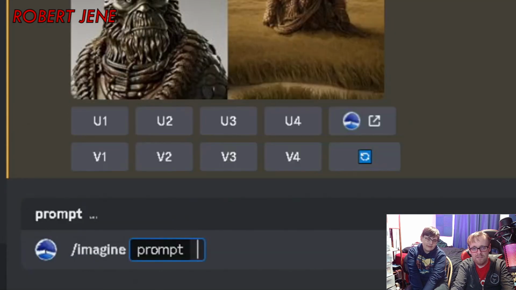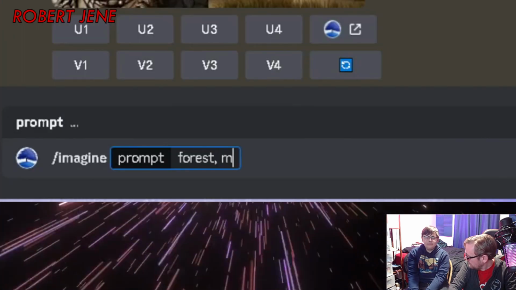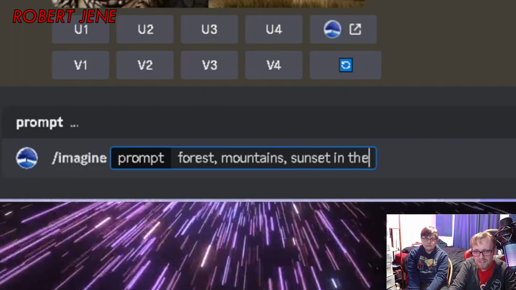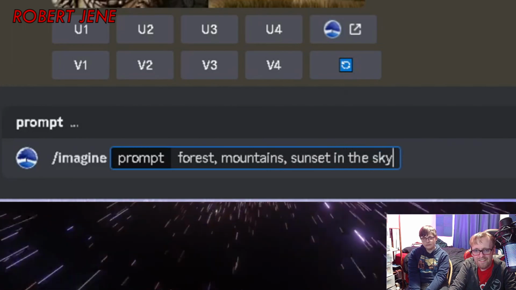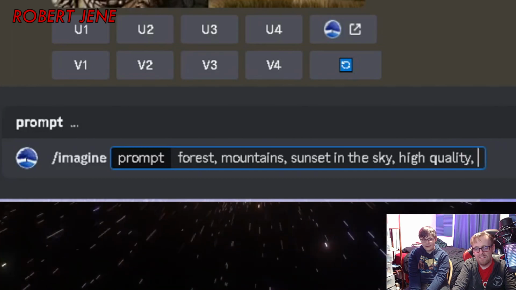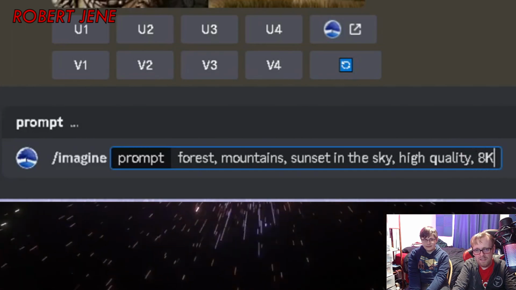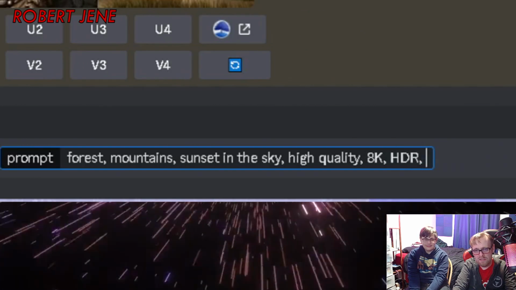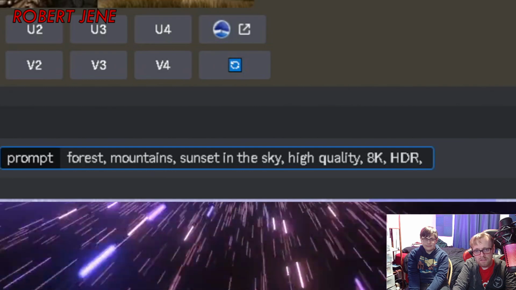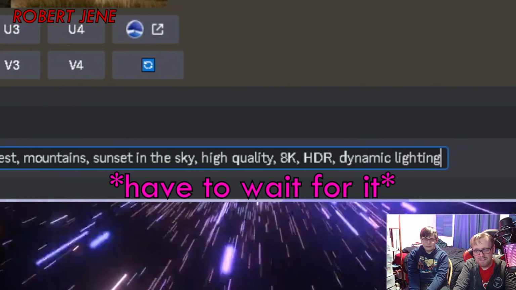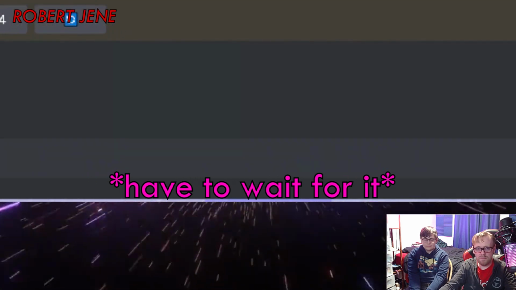Imagine, forest, mountains, sunset in the sky. High quality. 8K. HDR. You have to give it more information than Midjourney. And then dynamic lighting. Enter. Let's see what it spits out.